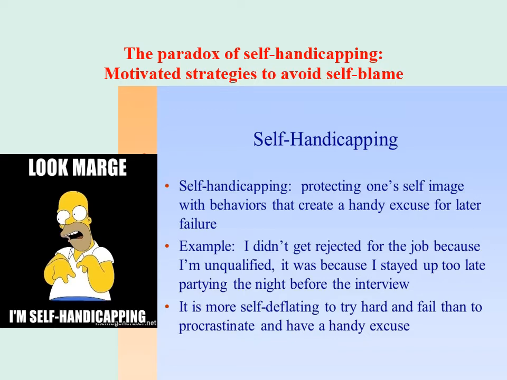For example, if you know in advance that you are not very good in a particular course and you are likely to do badly at the exam, you might choose to stay up late and get drunk the night before, because this way you can make an external attribution for your failure. I got plastered and I didn't prepare, rather than have to face the fact that you either lack the ability or you didn't make an effort.